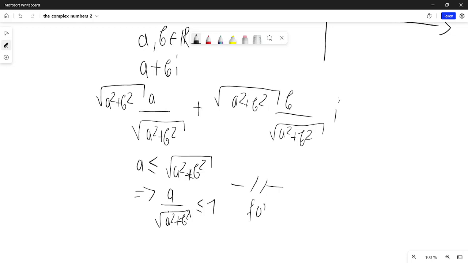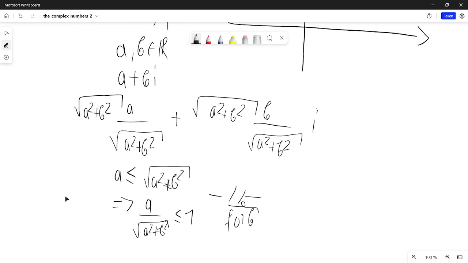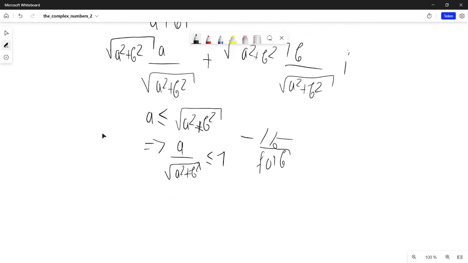So that's the same. And if that is the case, well, we know that this actually works because our cosine is defined everywhere there, right?